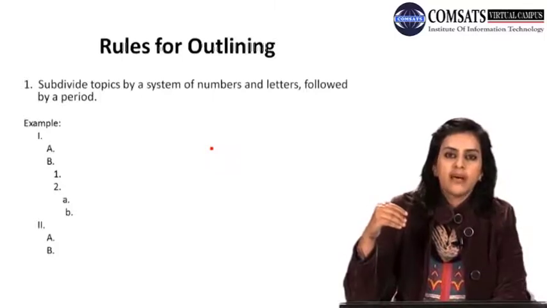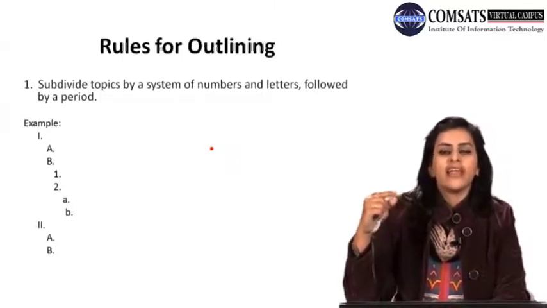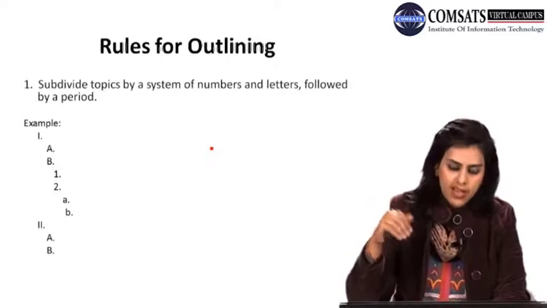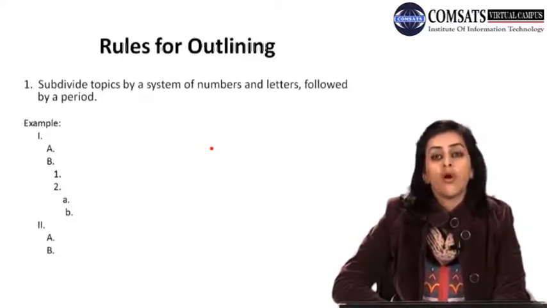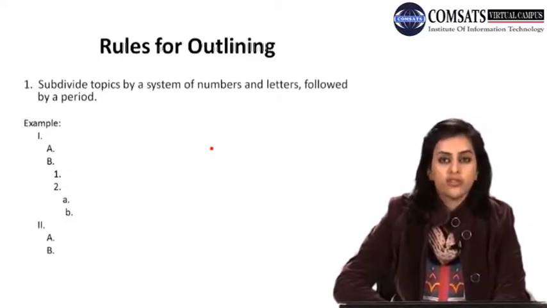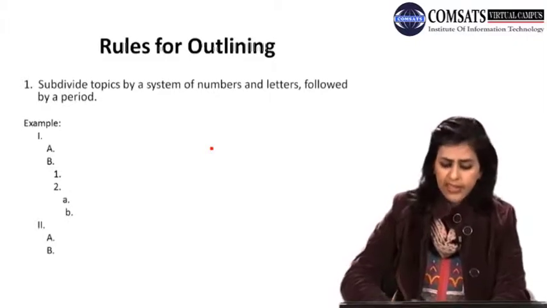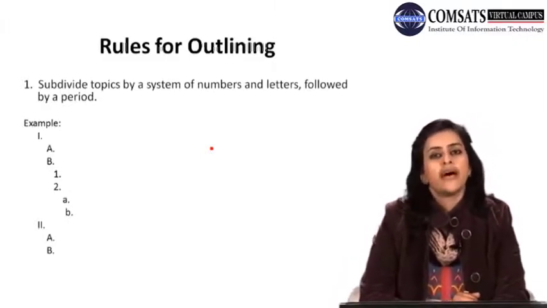Maybe these are your subheadings, and then small a and b are your subheadings. So this is how you write your outline. One idea is explained and then explained thoroughly in your sub points and sub bullets. And this is how you keep on moving.